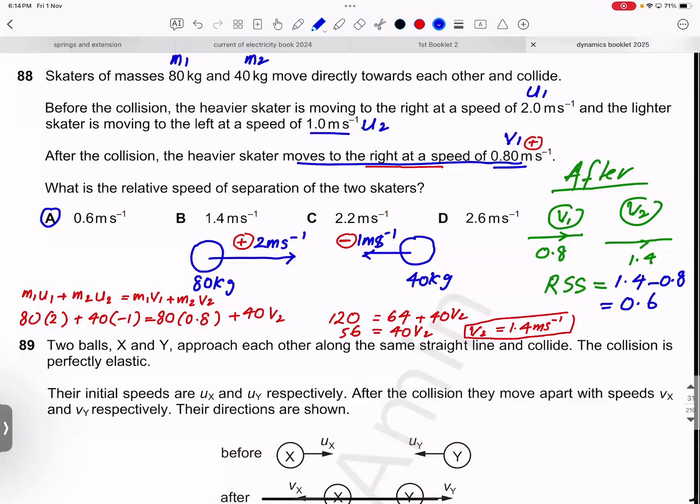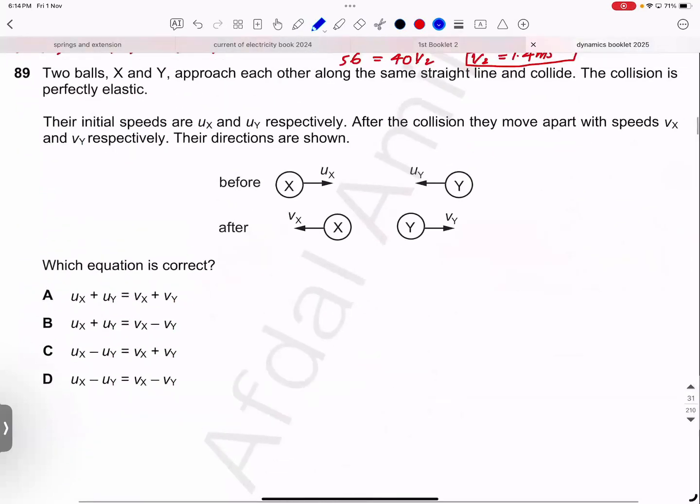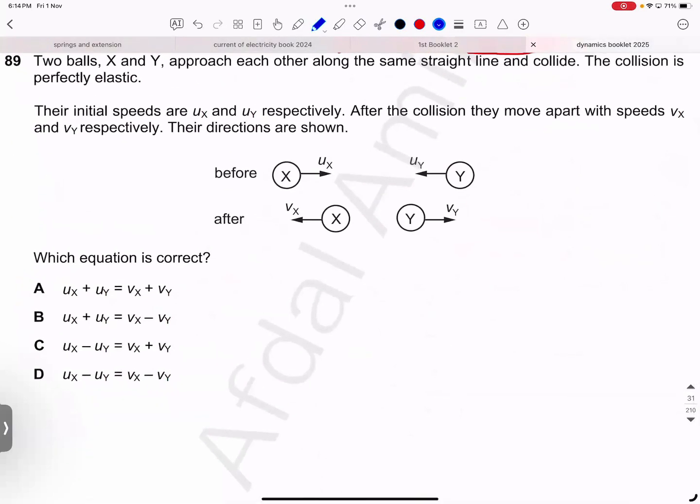Question number 89, my dear. Two balls X and Y approach each other along the same straight line and collide. The collision is perfectly elastic. So here it's a trick, my dear. If it is perfectly elastic, the relative speed of approach should be the same as the relative speed of separation.